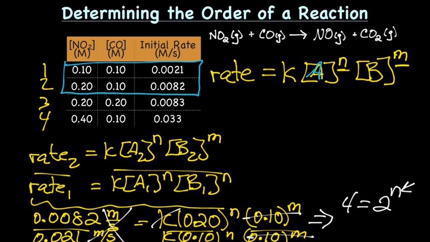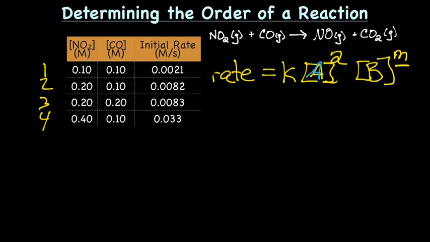So I'm going to put that in here, instead of our N, we'll make it now 2. Now we've got to do this whole thing again to figure out M, the exponent for CO. Again, we need to find something where CO is changing and NO2 is staying the same.